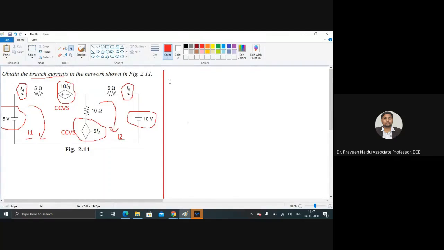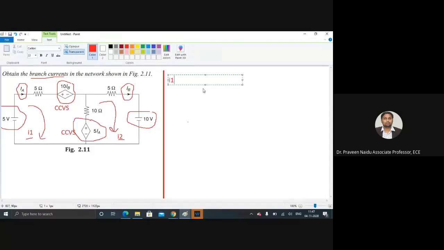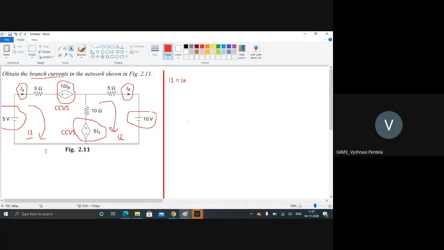So according to the given problem statement, can I write I1 is equal to what? IA? Can I write I1 is equal to IA? Any difficulty while writing I1 is equal to IA? No, sir. We are just writing this particular loop current, we are assuming as I1. But in the question itself, they have given the current flowing in this particular loop is IA across 5 and 10 IB and 5.